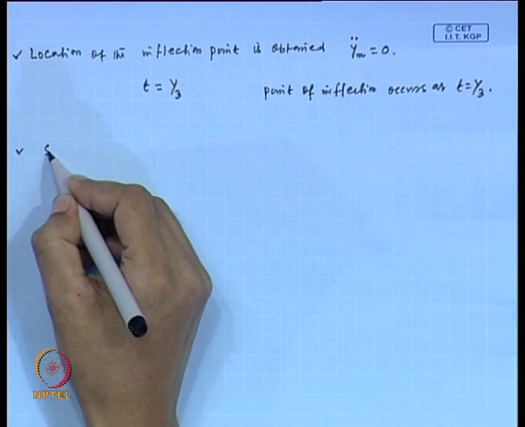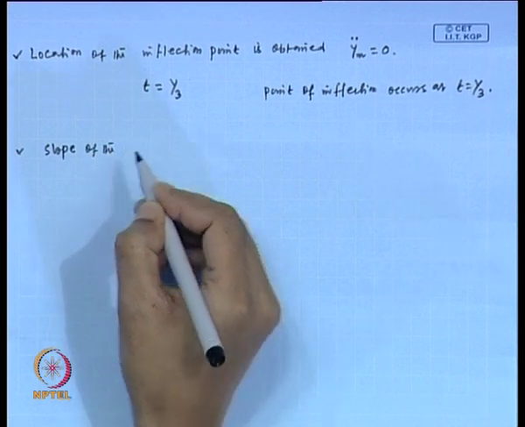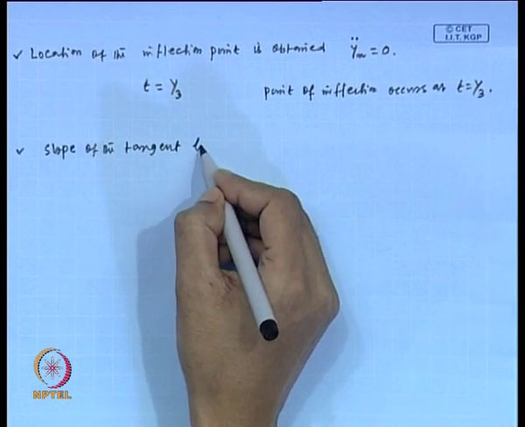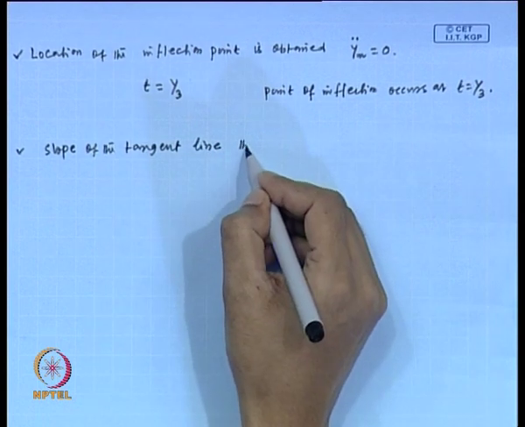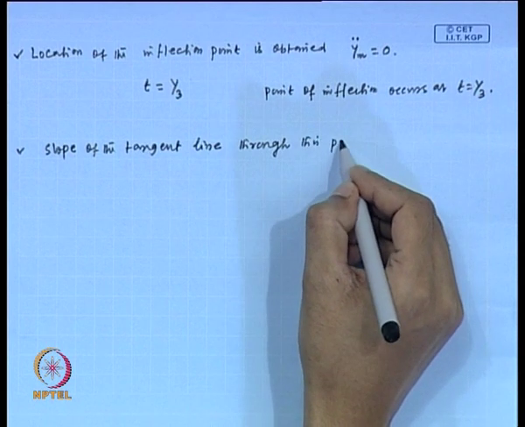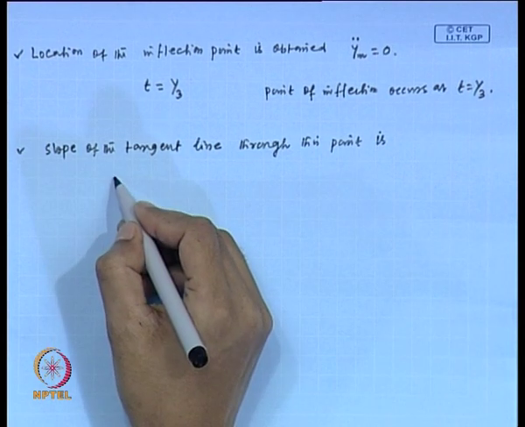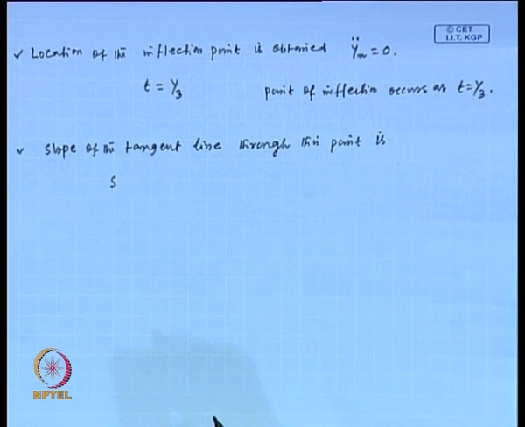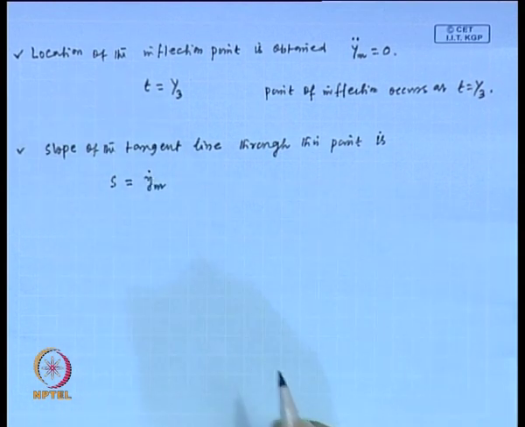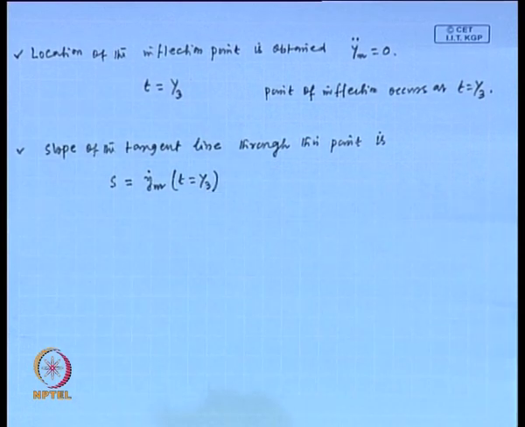The slope of the tangent line through this point is S equals first derivative at t equals 1/3.